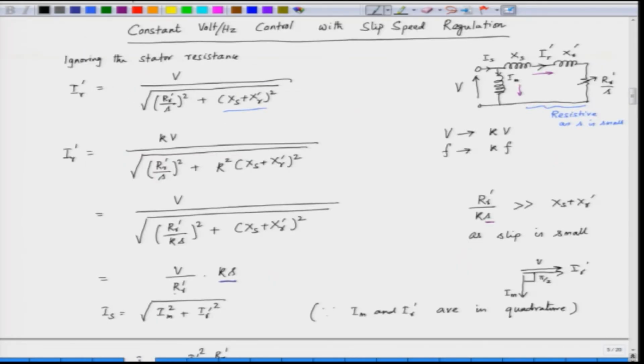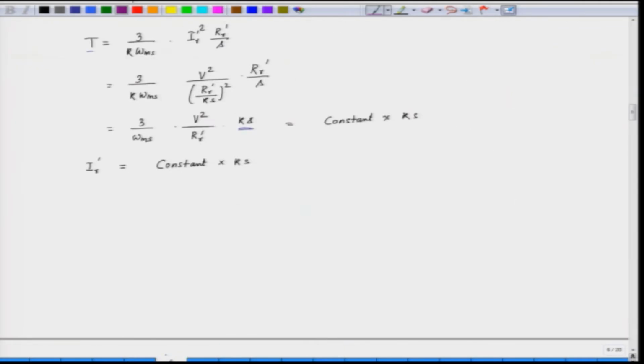This is a constant quantity, and V and R are constant. So, the rotor current is constant into k into s. Similarly, torque is some constant into k into s. So, what is this k into s? Let us try to see what this k s is.